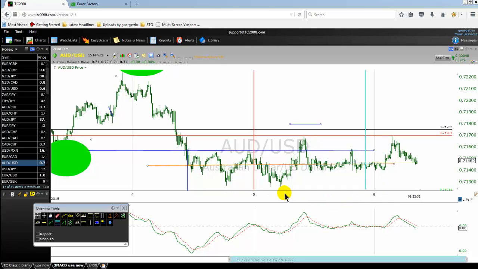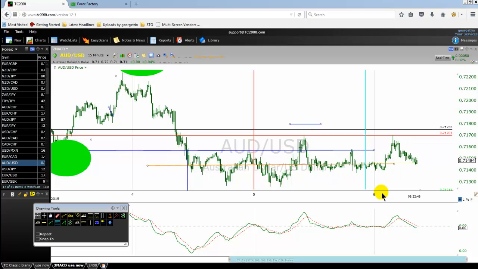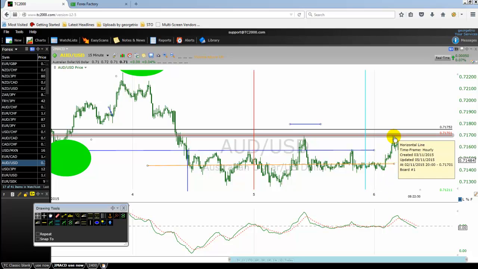You can see for the Australian dollar, US dollar currency pair, the smart money is still selling near the 7170. The price went to touch the 7170 and they sold it down. Again today on the 6th of November, they brought it to the exact level, 7170. Let me show you again.